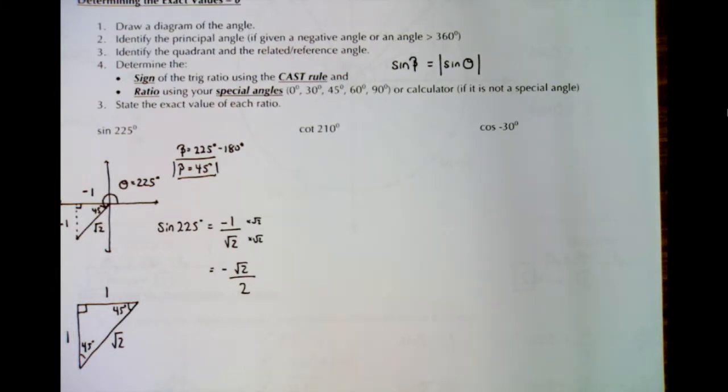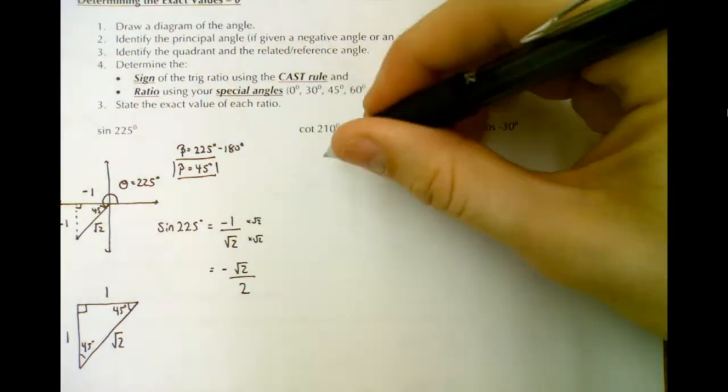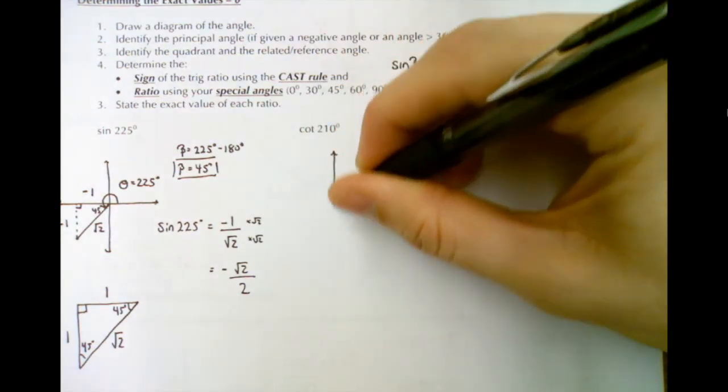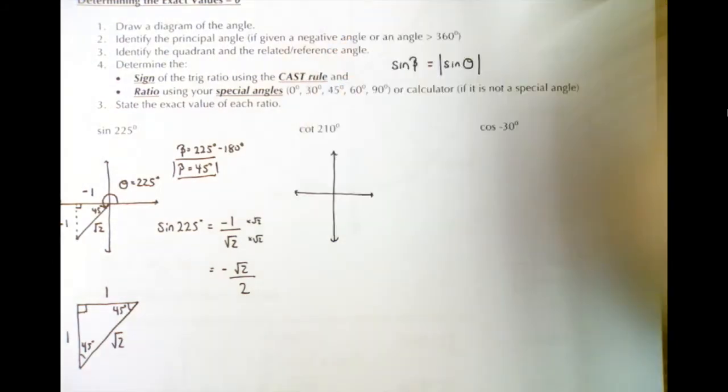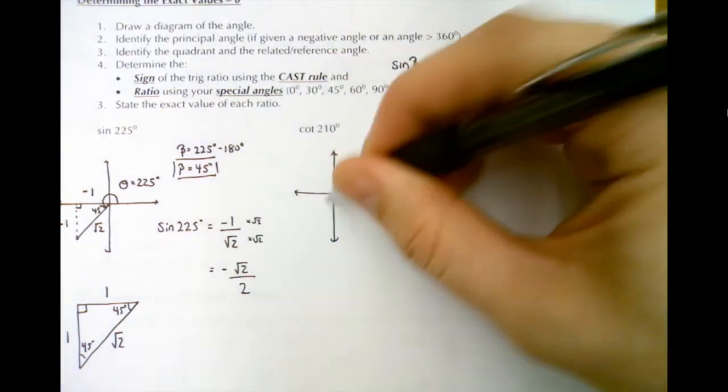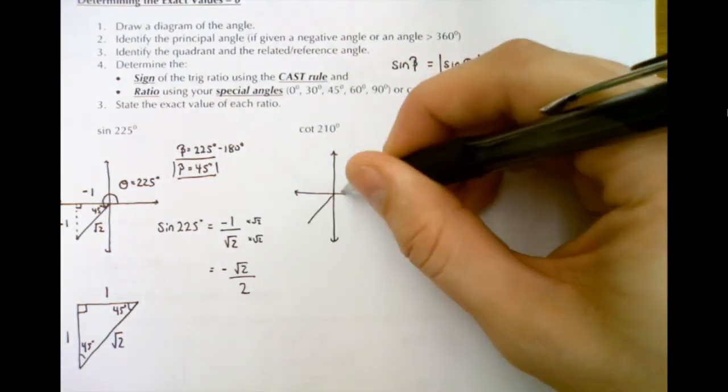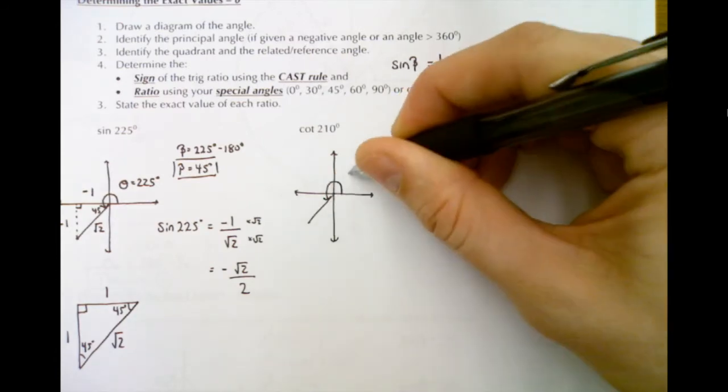All right, I'm going to do one more example, cotan 210, and see how we do. All right, let's draw our angle from standard position, 210 degrees. 210 again would take us into the third quadrant. How far into the third quadrant?